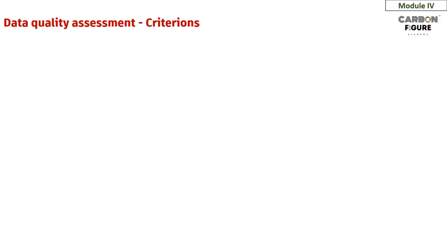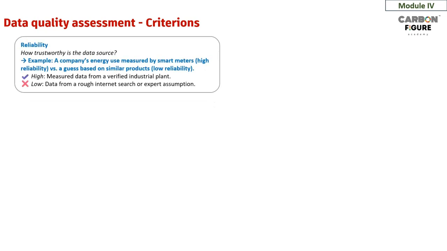So there are certain fundamental criterions which would be commonly preferred for this data quality assessment. Let us see what they are. First criterion, reliability. So it shows how trustworthy is the data source.